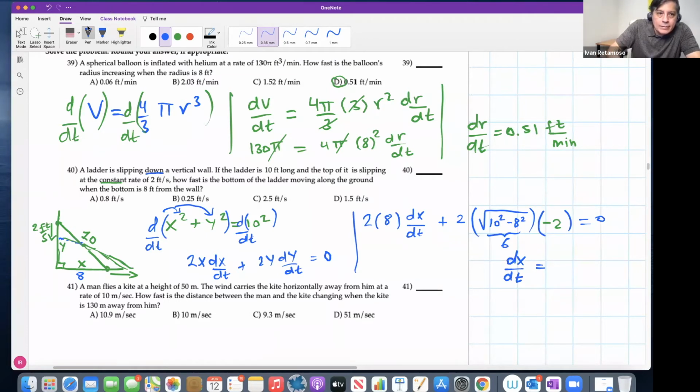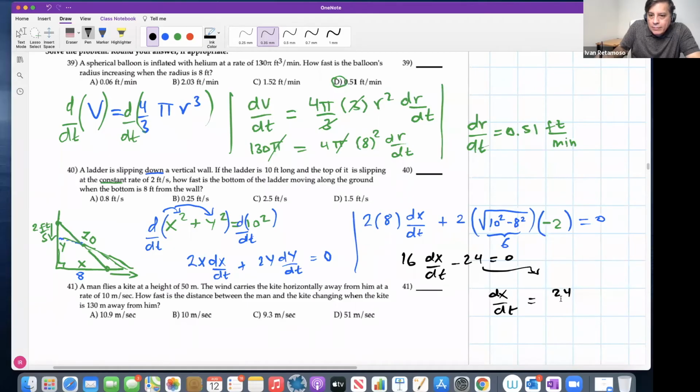Maybe we should do it so I don't confuse anyone. This is 16 dx/dt plus 2 times 6, 12, times negative 2, minus 24 there, equals 0. This 24 goes to the other side, and dx/dt ends up being 24 over 16, which is exactly equal to 1.5.